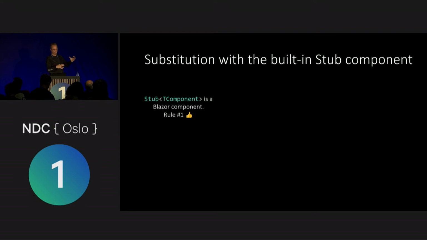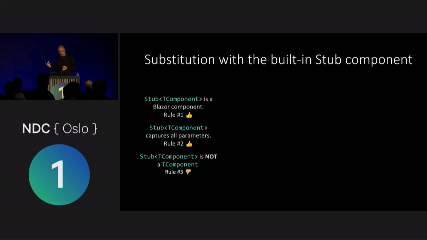It has a signature called Stub of TComponent, where TComponent is the component it's substituting. It is a Blazor component, so rule number 1 checks out there. It also has one of those capture-all parameters, and it even makes that available to you. So if you want to assert that your stubbed-out component actually did receive the expected parameters, you can make that composition verification that we talked about earlier.